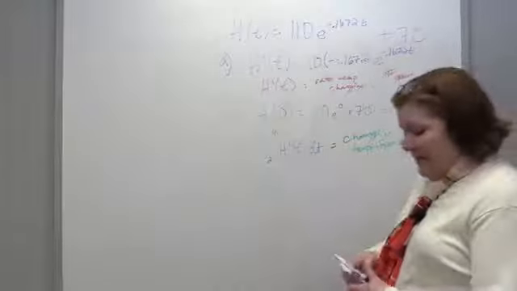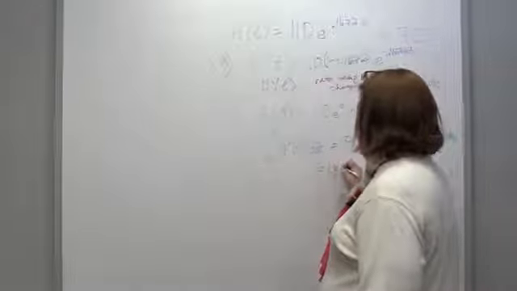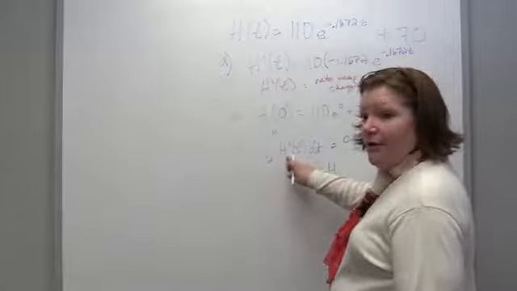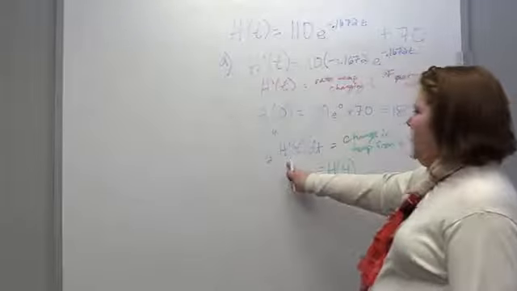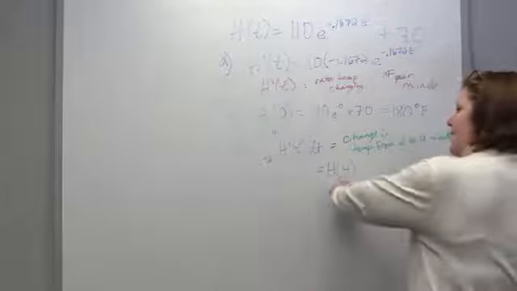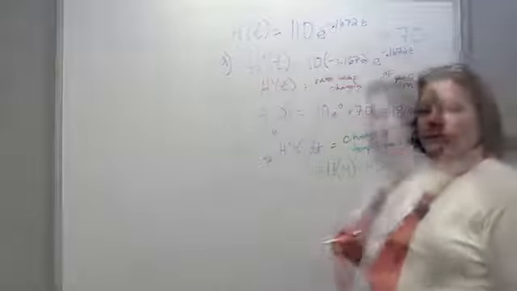And then to find its value, we use the fundamental theorem of calculus, since we're taking the integral of the derivative, it gives us capital H of 4 minus capital H of 2.